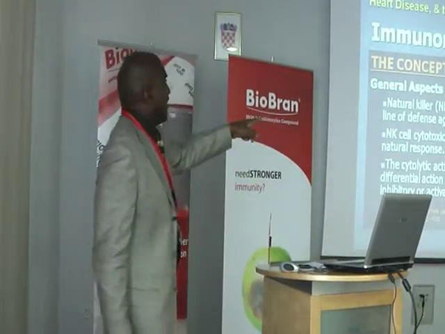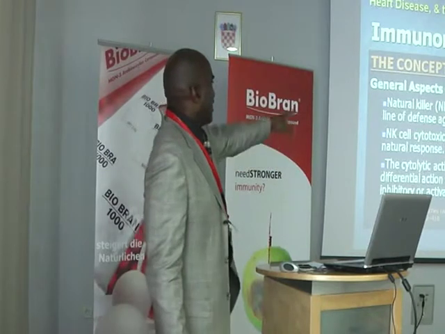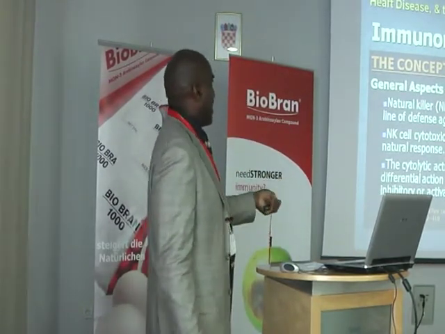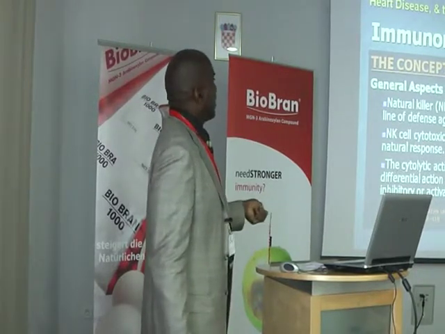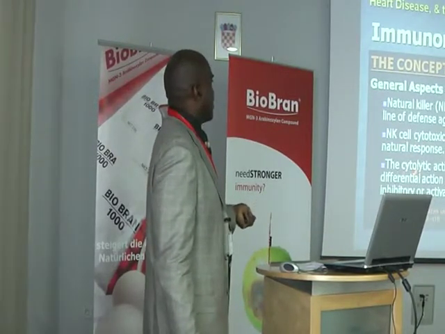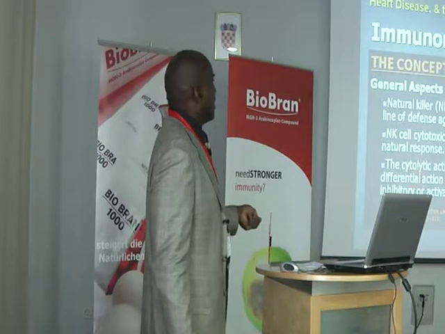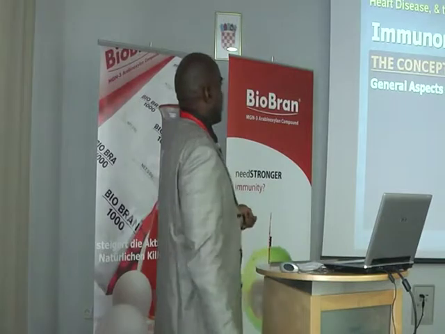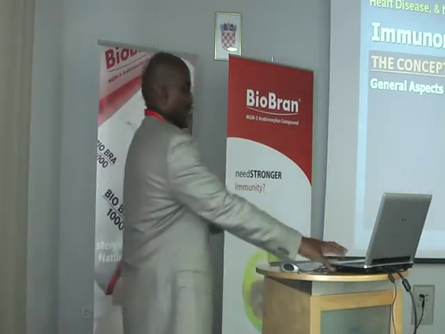And so here, this is from a paper from 2006, that natural killer cells are important players, first line of defense against diseases. Cancer cells, it's a natural response from natural killer cell cytotoxicity. The cytolytic action of natural killer cells is characterized, and this time it actually worked quickly.